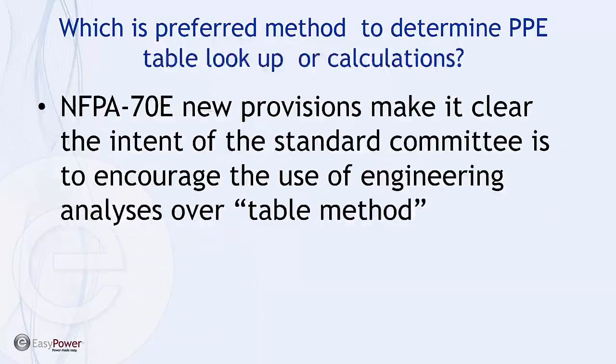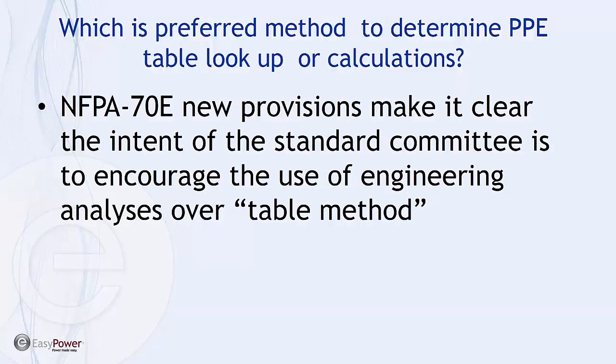So then, by inference, there's actually two ways now to determine PPE required for any work. First is the table lookup, the second is calculating incident energy. So the question arises, which is the preferred method to determine PPE, table lookup or calculations?